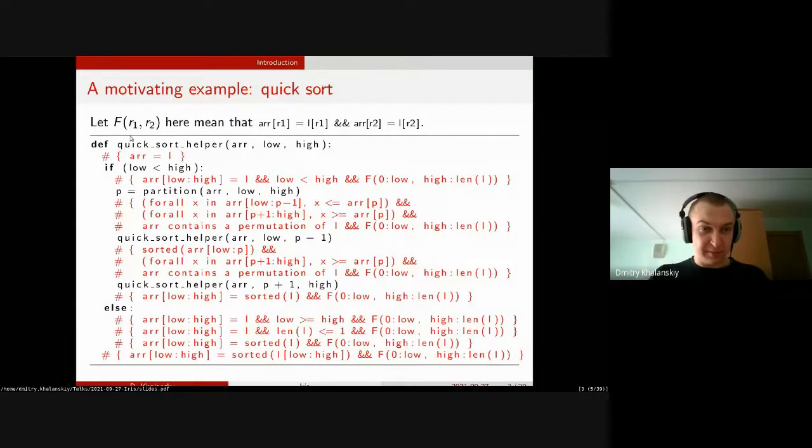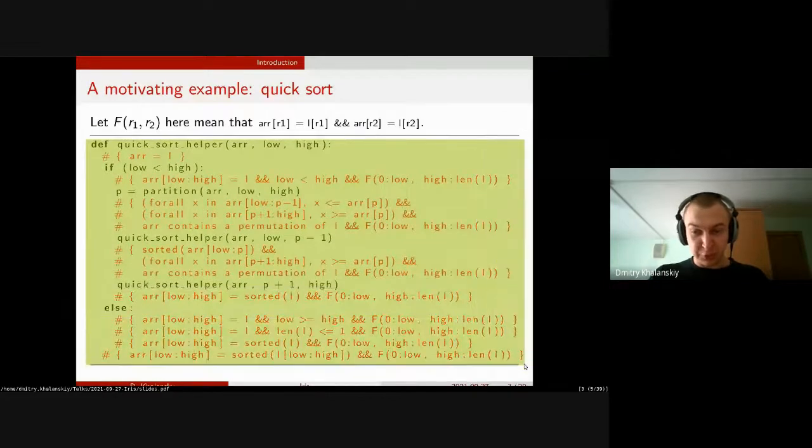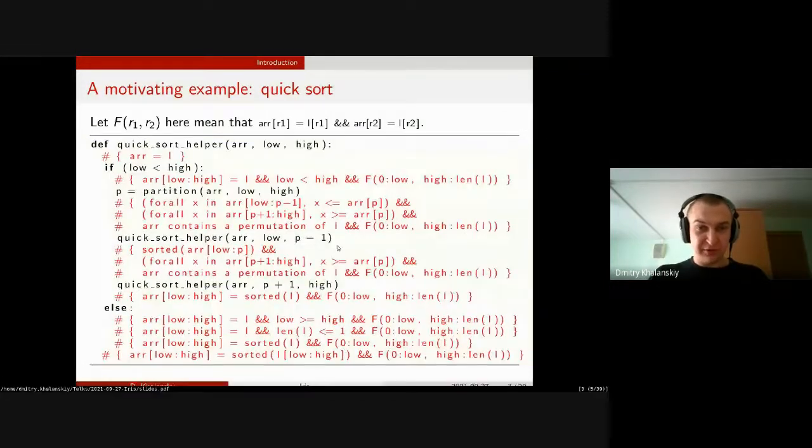Here we have a quick motivating example of proving a quicksort algorithm using the Hoare triples with inline annotations between lines of code. Again, if you do know what Hoare triples are, there's nothing fancy here. Everything is as you would expect.